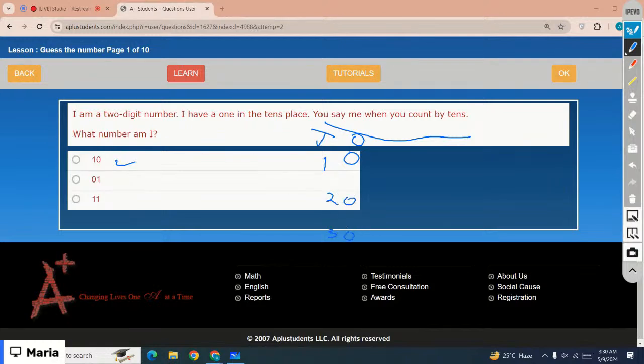So the correct option is 10. Just look at the options given here.